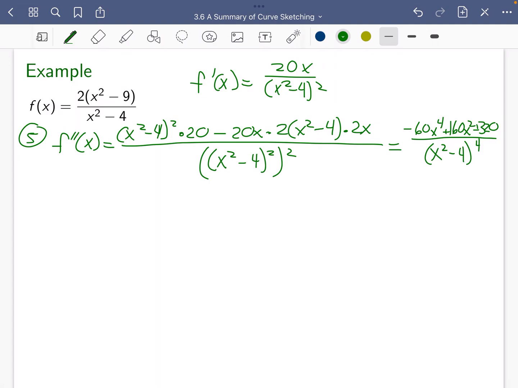What are we going to do with that second derivative? Well, we're going to find out where it is equal to 0. So it's going to equal 0 when negative 60x^4 plus 160x^2 plus 320 is 0.